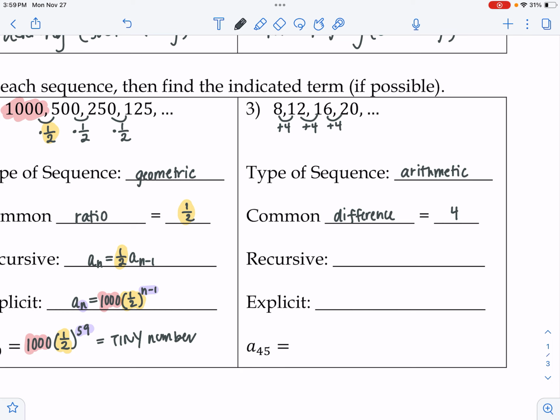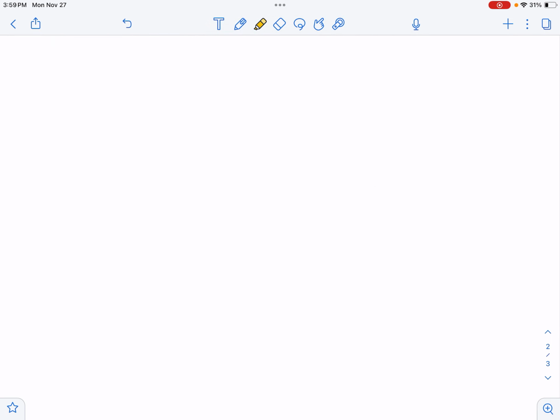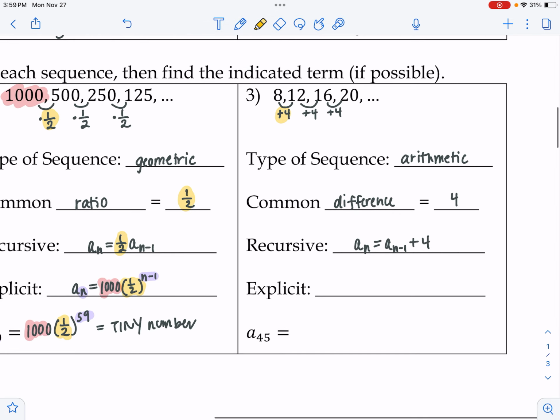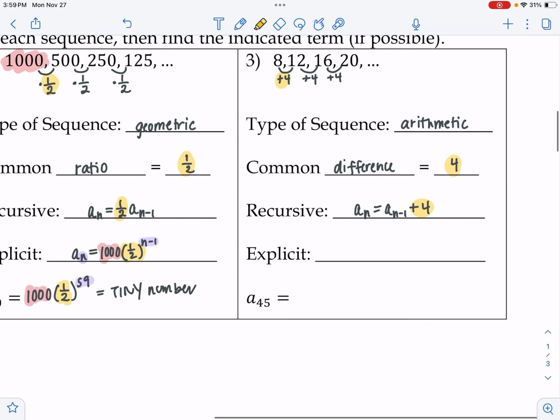And so our recursive formula says any term equals the previous term plus 4. Okay, plus 4 is our pattern. So we have a common difference this time, and then our recursive formula has that plus 4 in it.